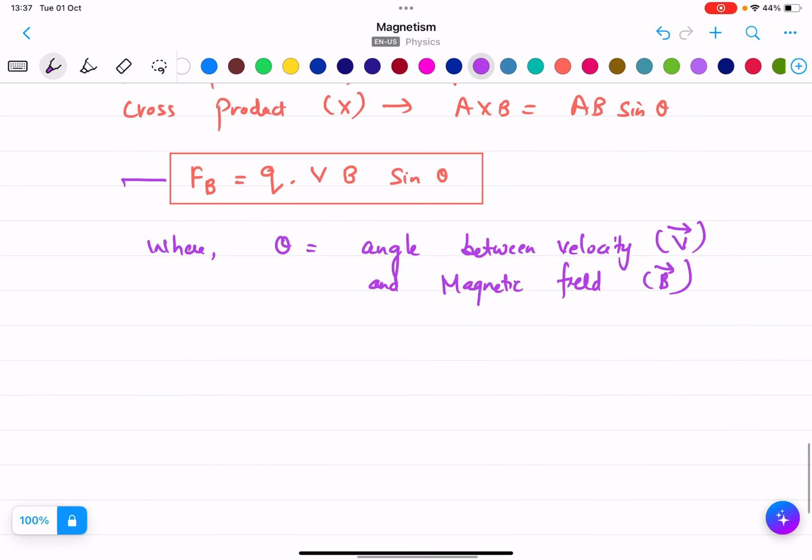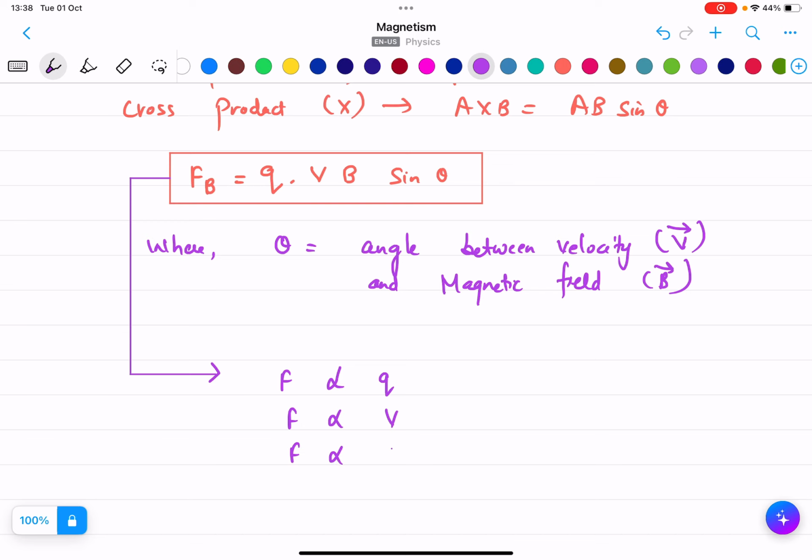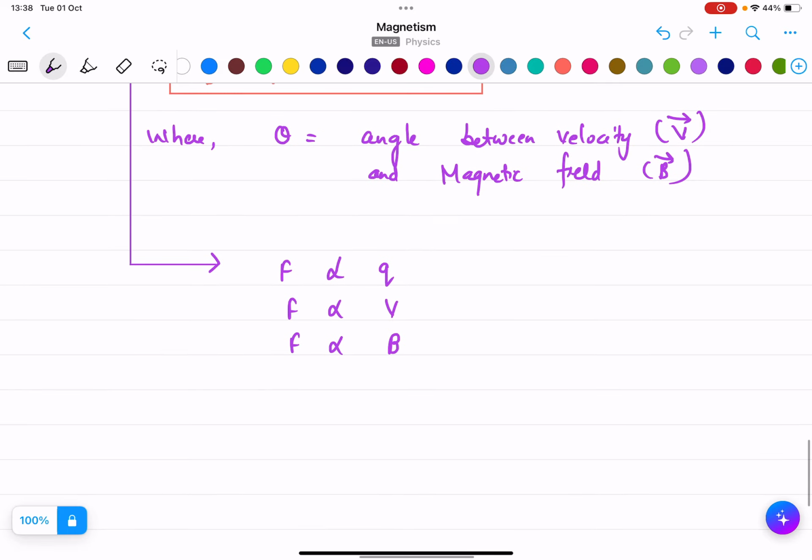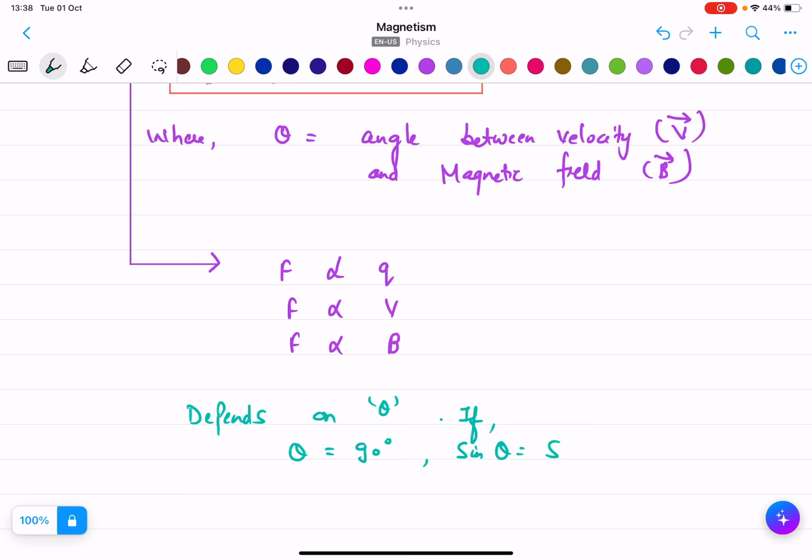And from this formula, can I say that force is directly proportional to Q, force is directly proportional to V, and force is directly proportional to B, right? So everything depends on theta, right? So if theta equals 90 degrees, sine theta will be sine 90, which will be equal to 1. That means it will be maximum.